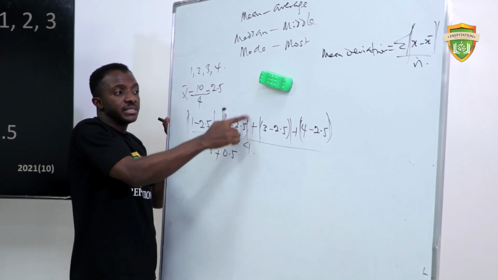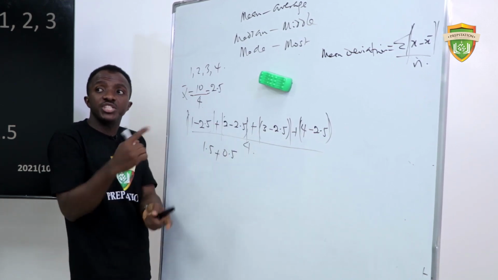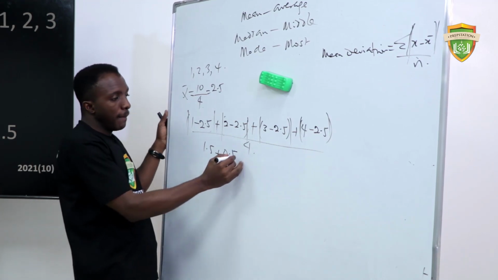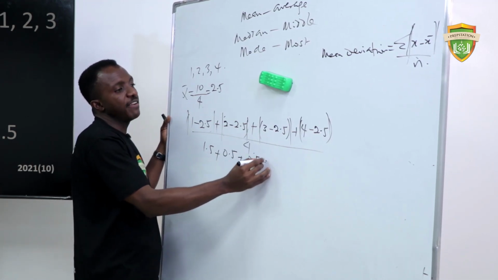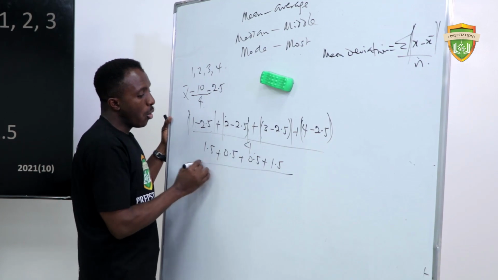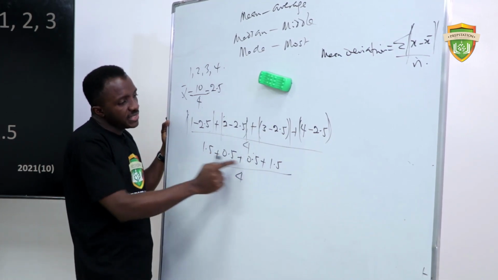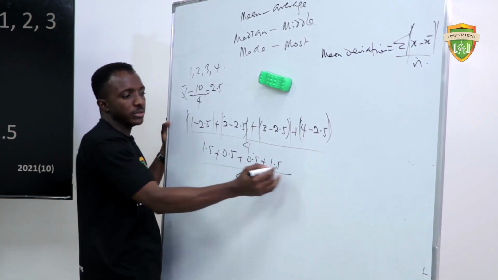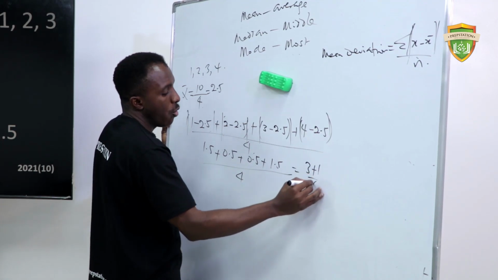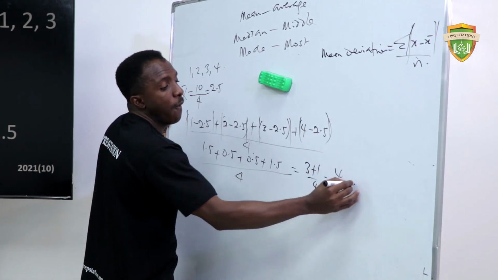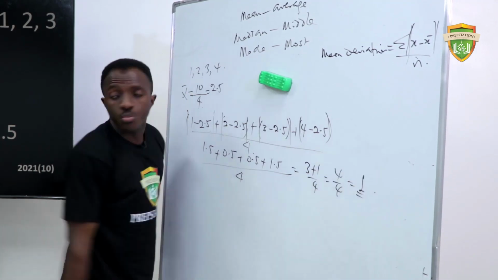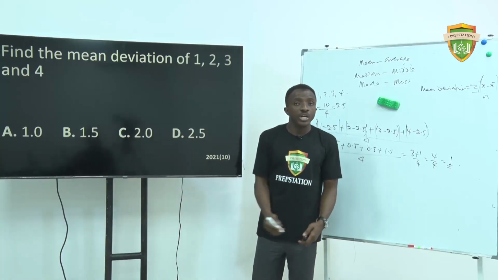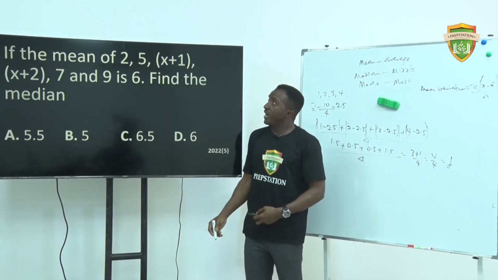What this absolute value does is that it changes all the negative to positive. Plus this already is 0.5, plus this is 1.5, over 4. Now this is 3, this is 1. So 3 plus 1 over 4 is 4 over 4, and 4 over 4 is 1. So the answer to the question is 1.0, which is option A.